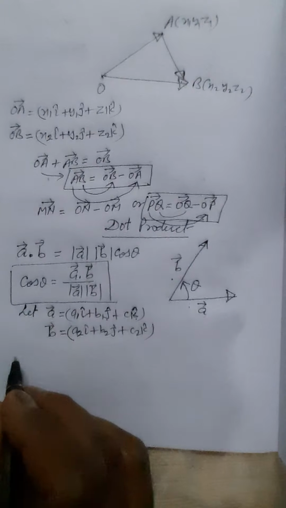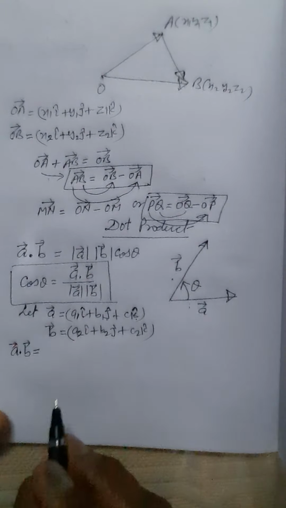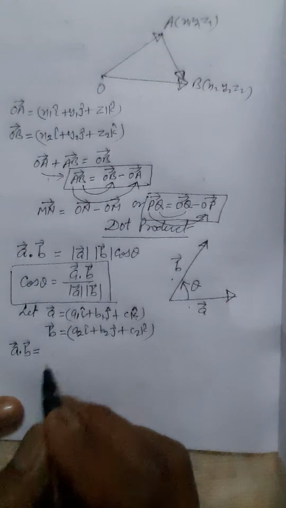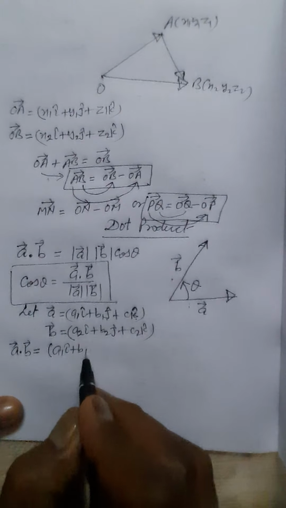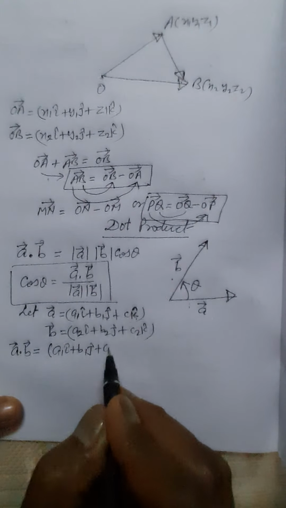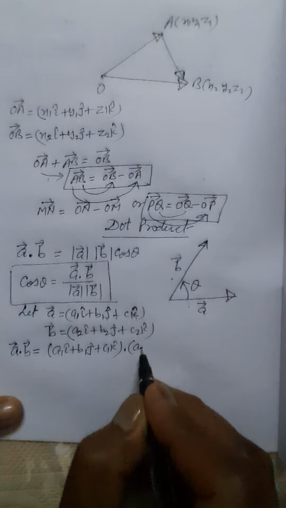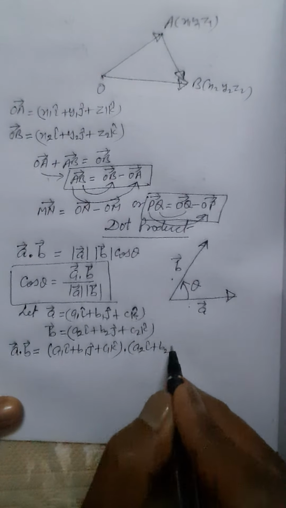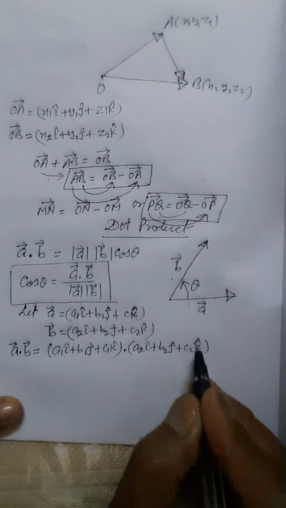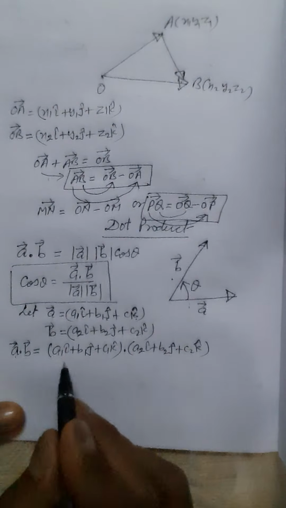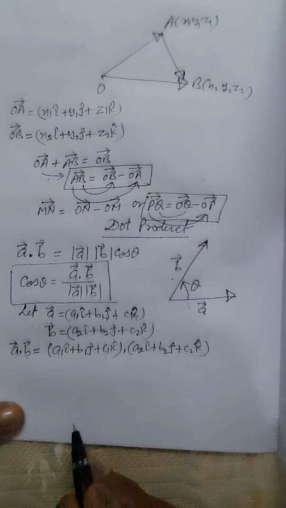Now we are going to calculate its dot product. Dot product is defined as (A1i, B1j, C1k) dot (A2i, B2j, C2k). Vector A, this one, dot vector B, this one.